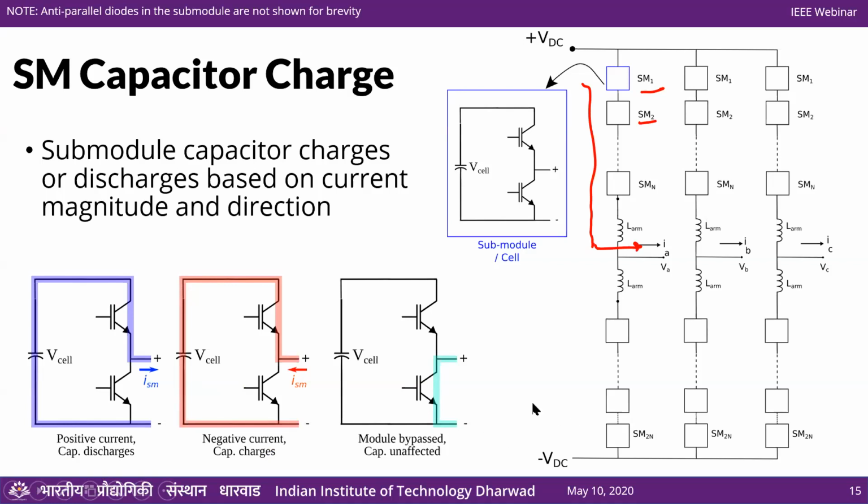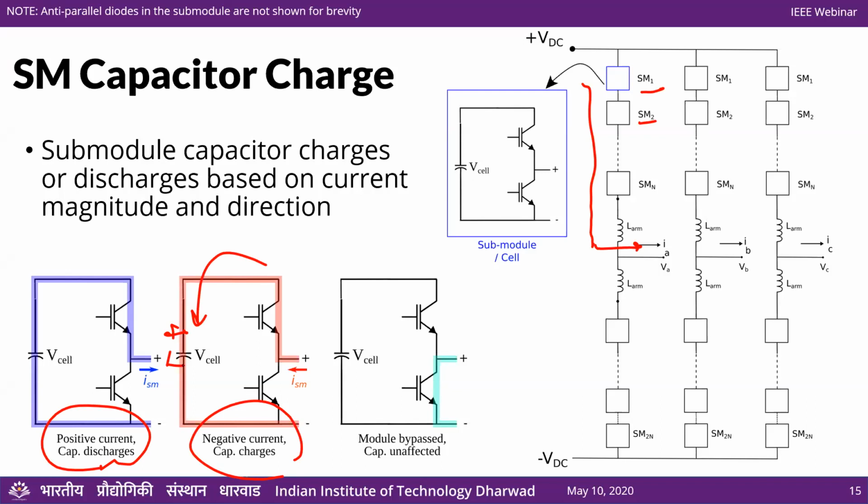The first is the module is on and current is flowing in this direction. In that case, this capacitor is going to discharge. That is case number one. Case number two is the module is on, but current is in the opposite direction. That causes this capacitor to charge up. So essentially, you have current flowing like this.